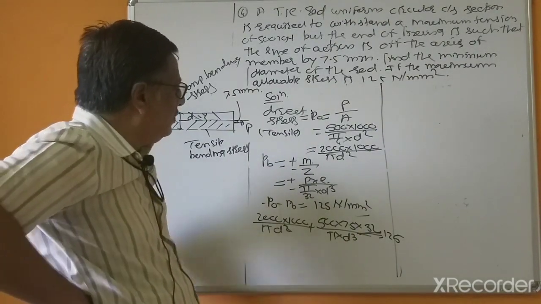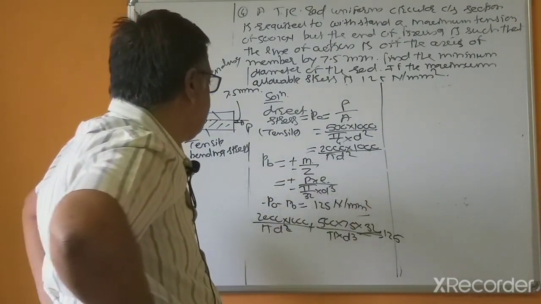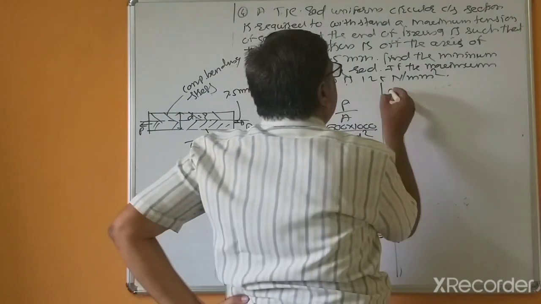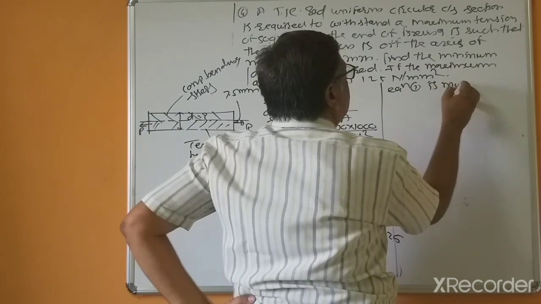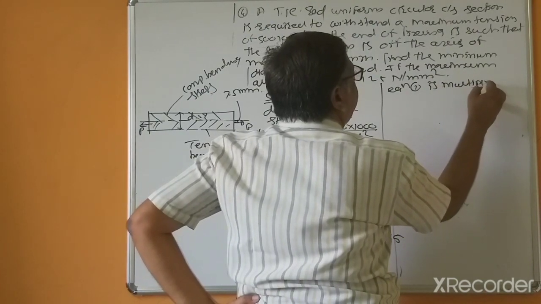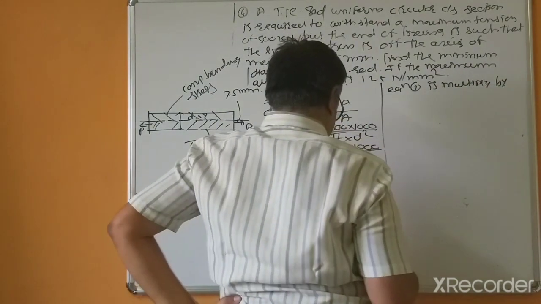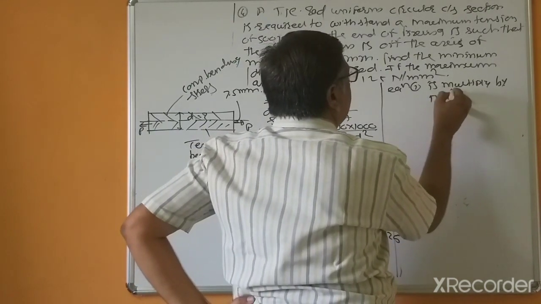This is pi d cube, so that's why equation 1 is multiplied by pi d cube.